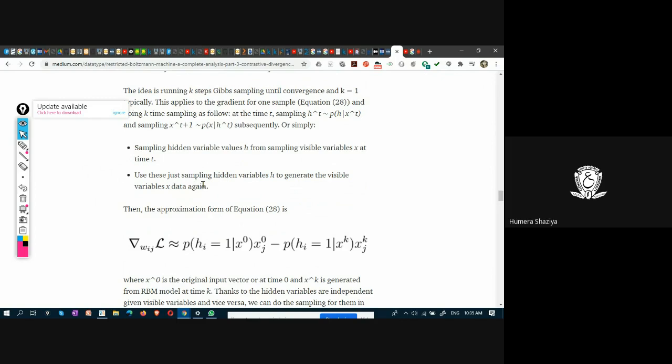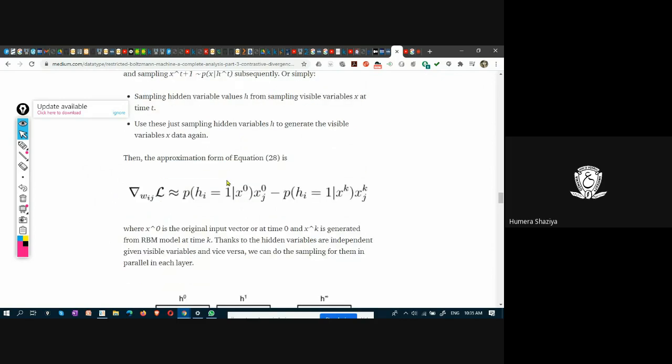this process is repeated, and this is the approximation of the equation given in 28: probability of h i equal to 1 conditioned on x naught, times x naught j, minus probability of h i equal to 1 conditioned on x k.